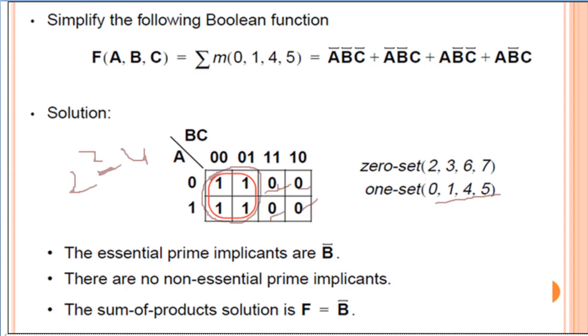Now create the identity of that particular group. Simple, we will take the ORing of these two terms. That is nothing but a bar plus a.